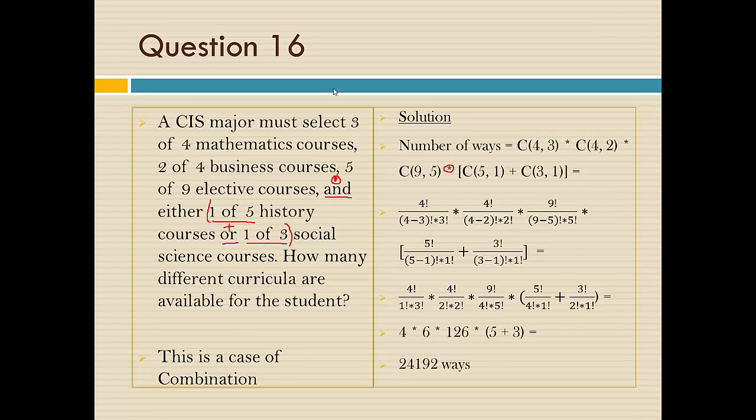So that all is the plus. So you now do it, and of course you do your PEMDAS. 5 plus 3 is 8. So you multiply everything. That gives you 24,192 ways. You see, it's good doing this right here so that I will fix my mistakes before I upload it on my website.